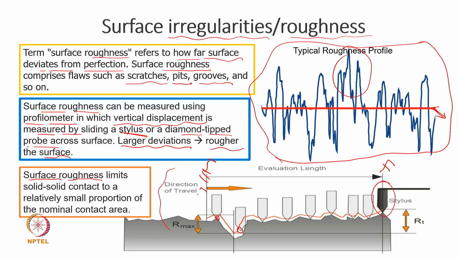Now, depending on the radius of the stylus itself, we will decide what kind of surface roughness will come. If it is a pinpoint, it is very sharp, then we will find the true surface roughness. If it is not so, then quite possibly this stylus will have some sort of radius, and that will affect the accuracy. So, it depends on which kind of stylus we are using.